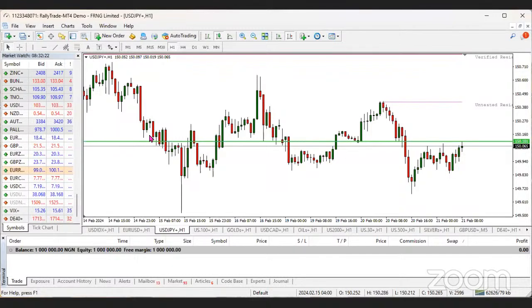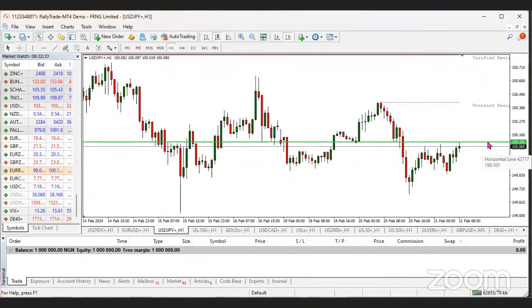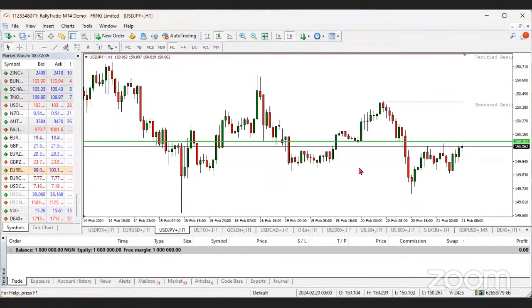We had a sell-off yesterday from the USD JPY, but I'm looking at more of market corrections this morning. So I'll be going in for my buy anywhere comfortably above this 150.101, then take my profits based on your peak value and your risk appetite. You can take your profit.